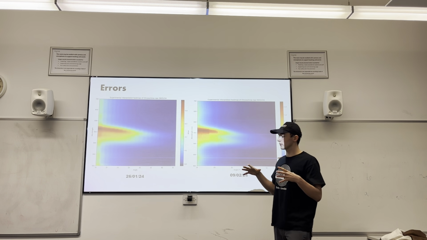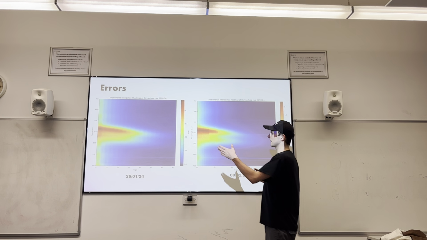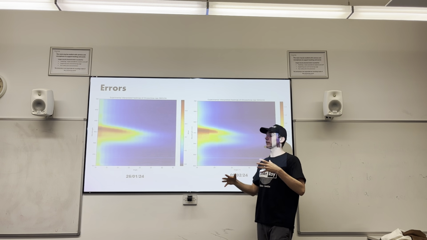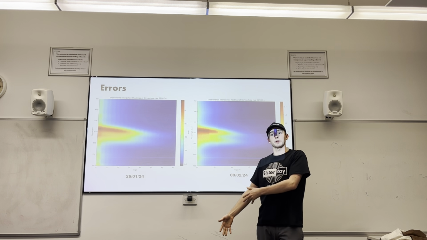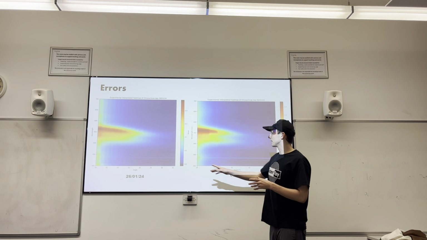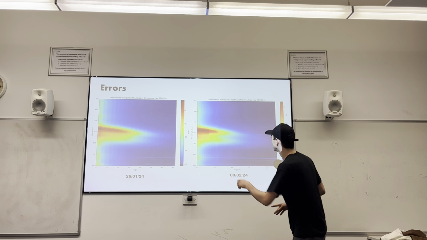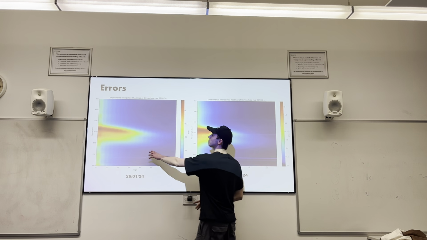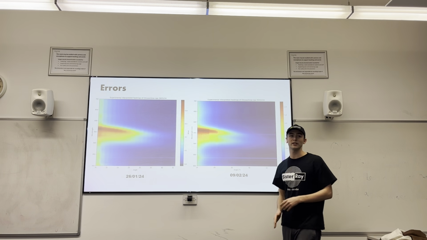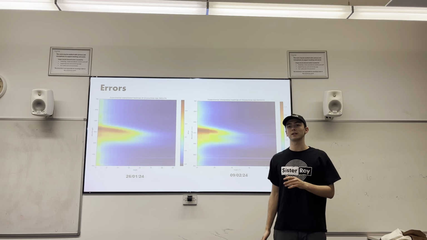But the way that we've analyzed our data is by taking measurements of the same sample weeks apart, and we thought that if anything changes significantly, we did something wrong in one and there was a systematic error. And I'm quite happy to say that 2 weeks apart, we've got very similar data. Now, the second peak here is slightly harder than the second peak here, but they're still there. The wavelengths are the same, the intensities drop off the same, so super happy with this data. It's safe to say that we're not making any serious systematic errors.